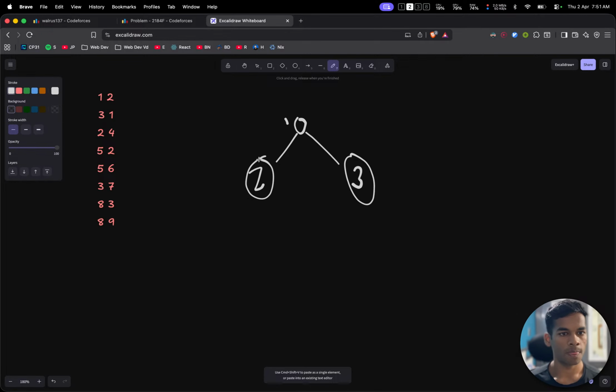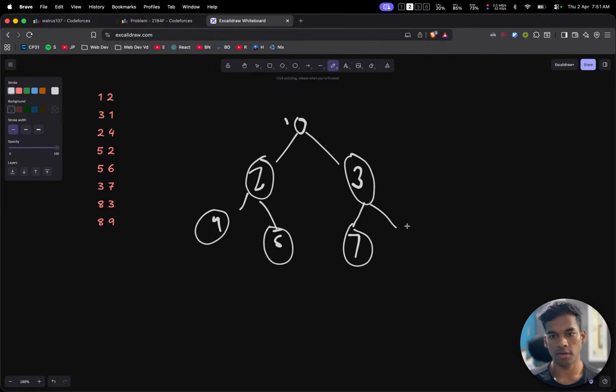And then 2 is connected to 4 and 5. 3 is connected to 7 and to 8. 5 is connected to 6. 8 is connected to 9.